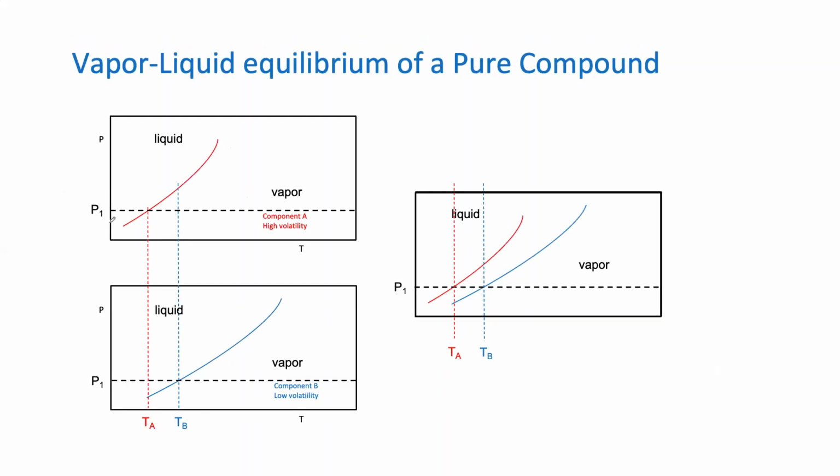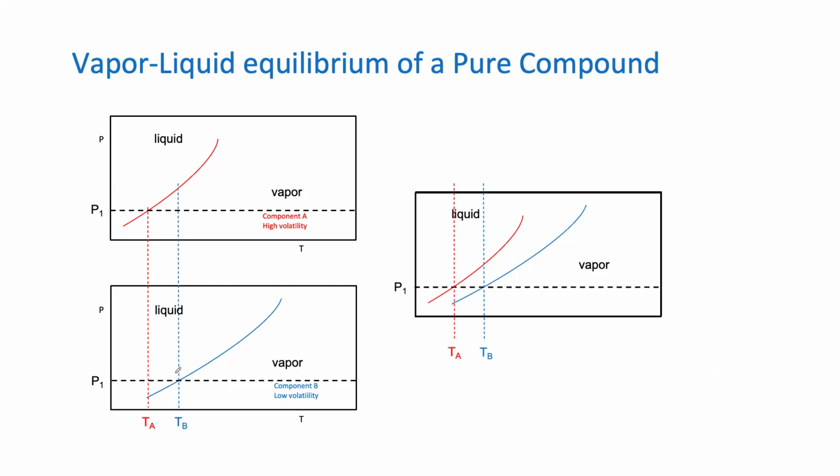So here, for component A, at a certain temperature from the liquid, if we increase the temperature just a little bit from this point at a similar pressure, it's easy to vaporize into the vapor phase.